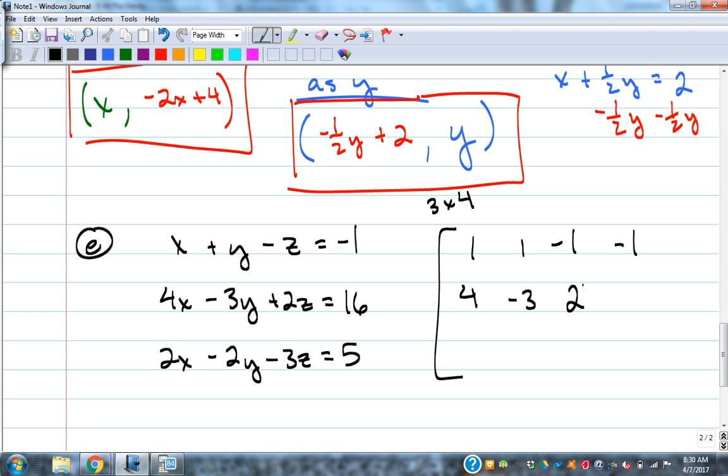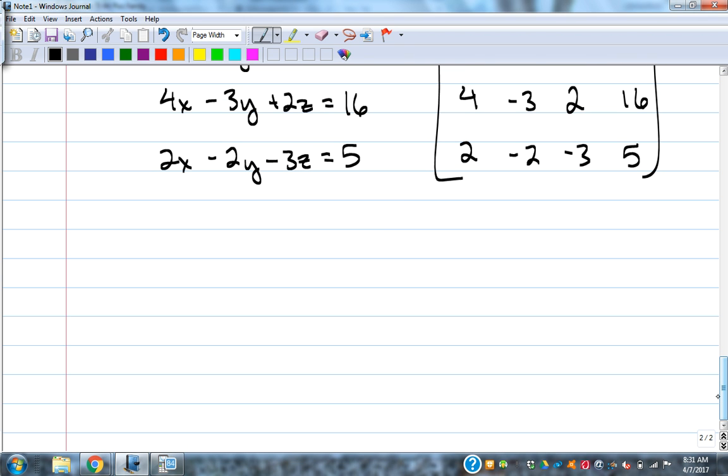If there's a missing piece, like what you remember from long division. If there's a missing variable in one of your equations, you have to put a 0 in that particular column. Remember, first column's X's, second column's Y's, third column's Z's, 4th column. And then you're still just going to run RREF on that.